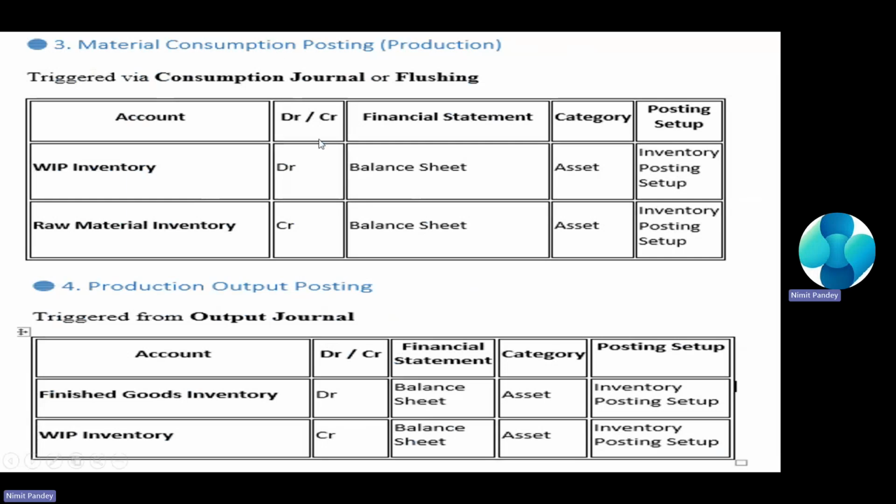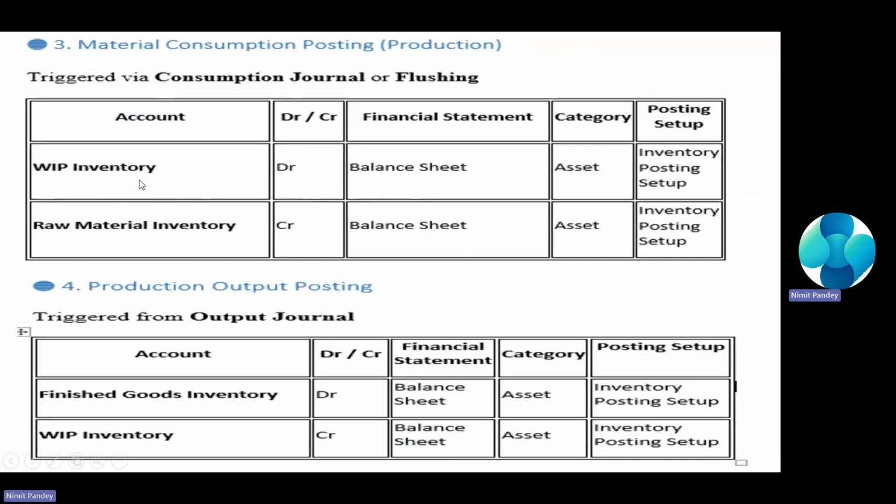So in production also, whenever we consume raw material, you can say consume or you can say goes out. So inventory goes out, it's credited. And another account is WIP, it will be debit.